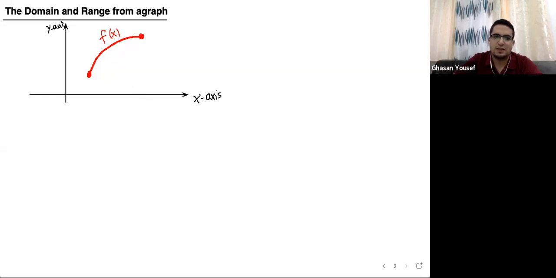As we see here, all values used for the function and that make the function defined start from this point, use all these points, up to this, until here. So as we see here, all these values are used.